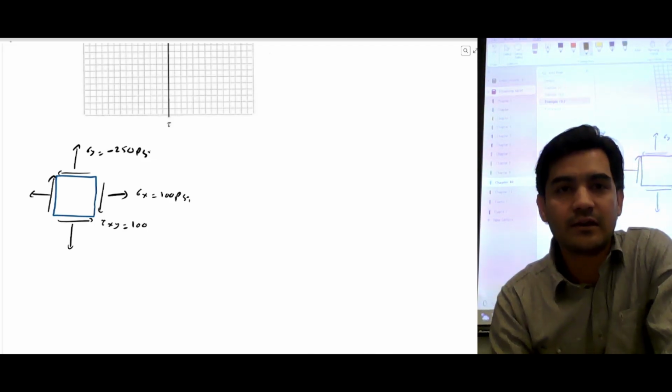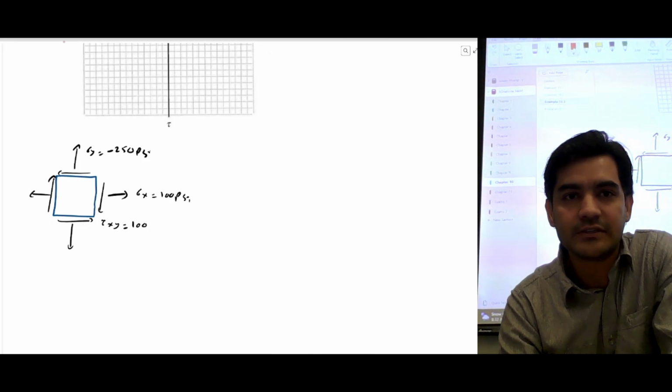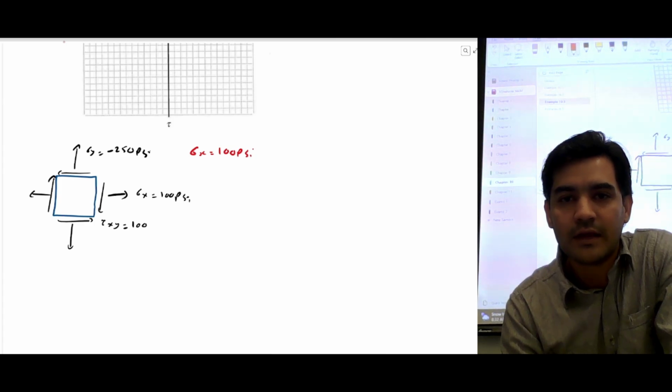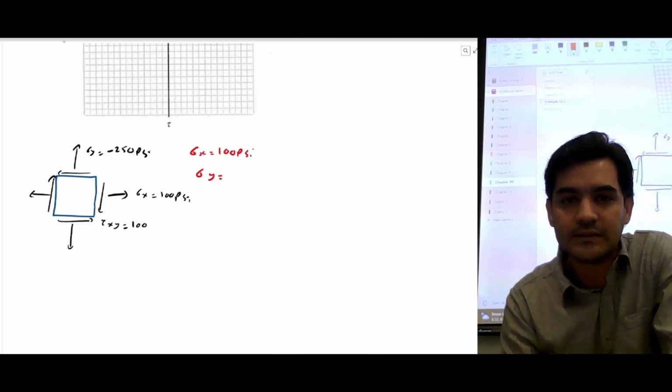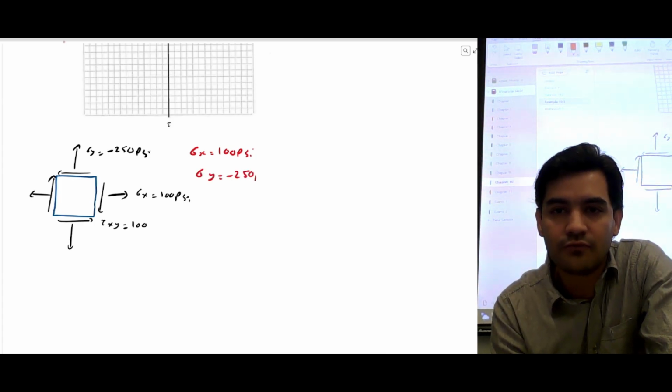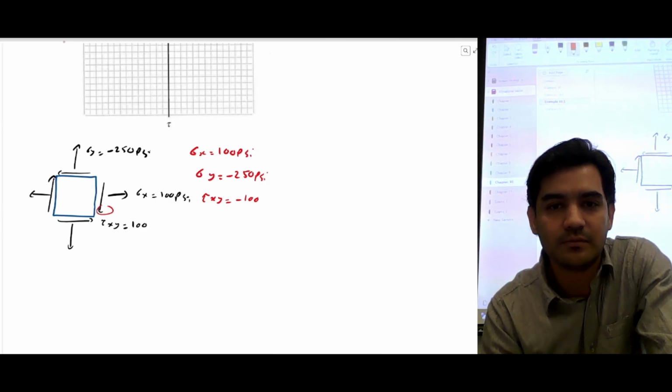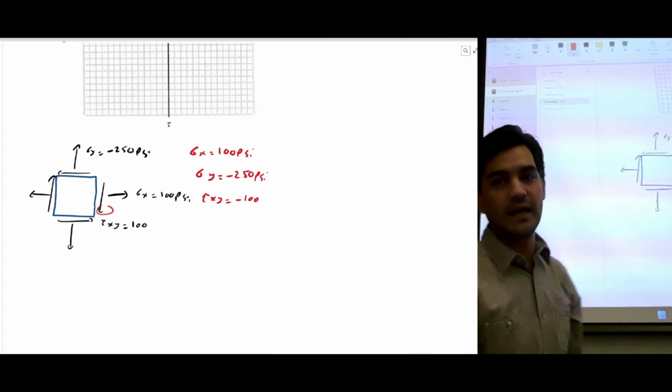So we can just write down these stresses. Our stress X is 100 psi, our stress Y is negative 250 psi, and our tau xy is negative 100 psi because it's making a clockwise rotation of the axis.